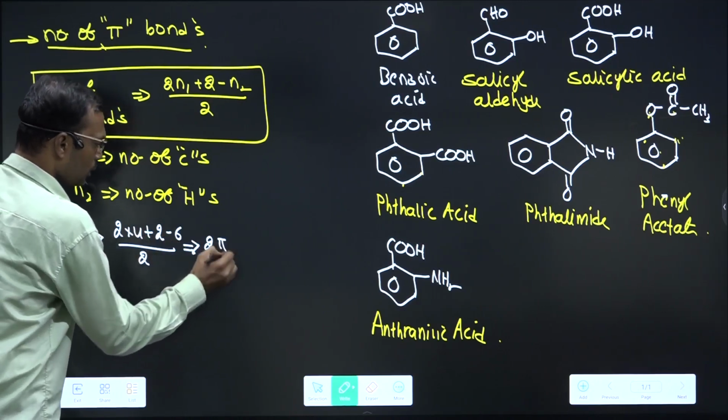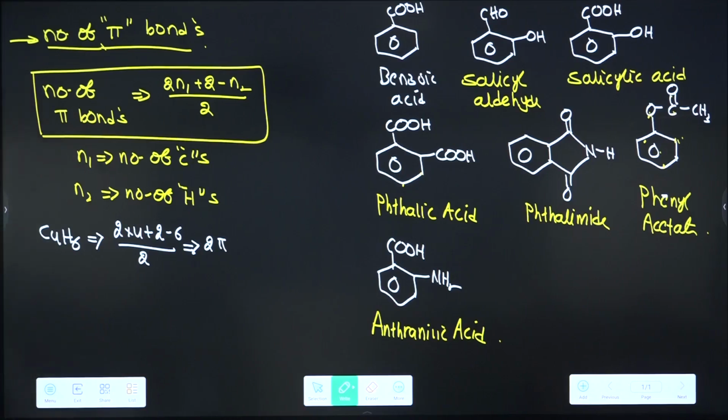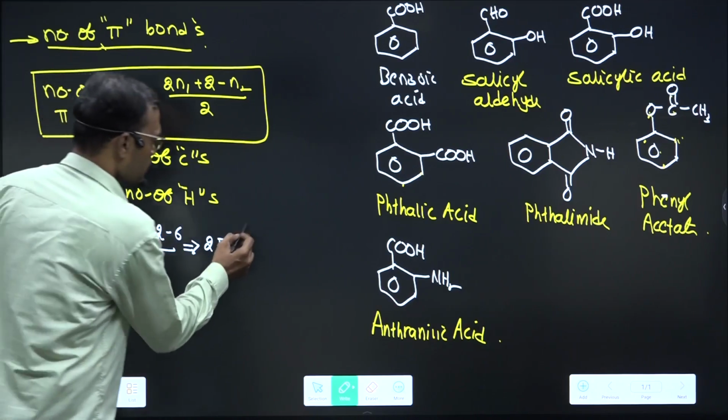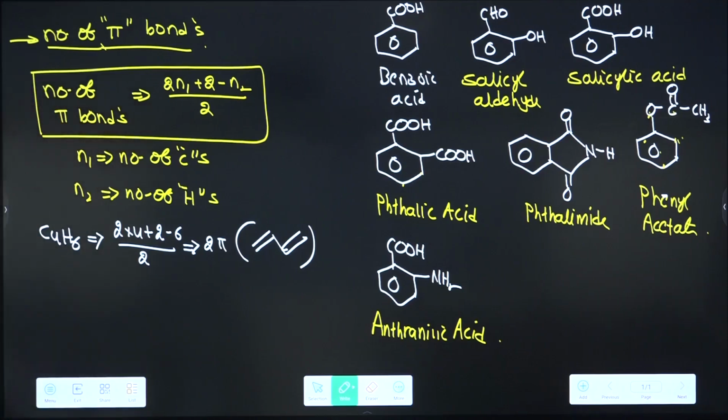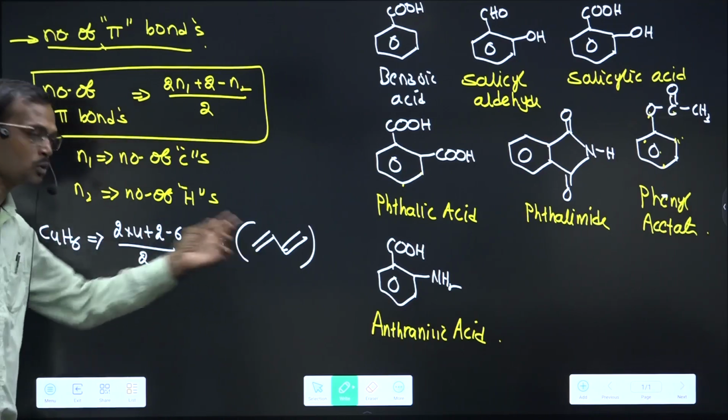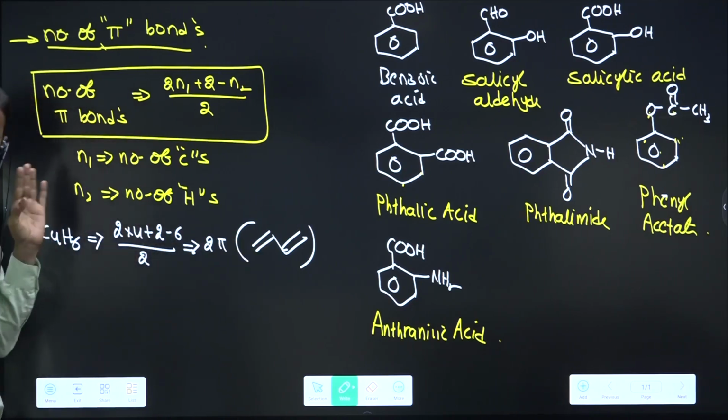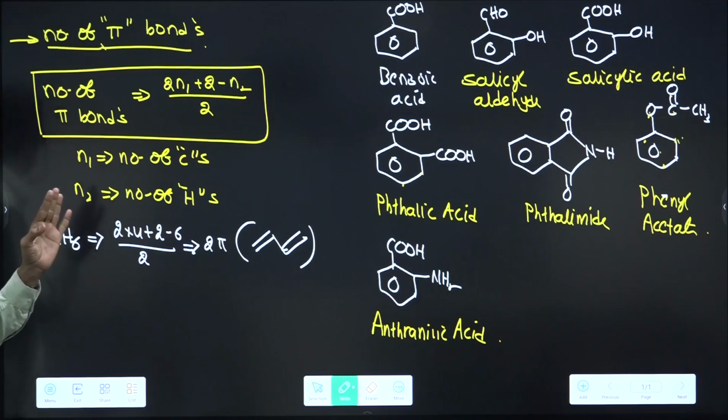You will get how many pi? 2 pi. 8 plus 2, 10 minus 6, 4 by 2, 2. 2 pi bonds are possible. 2 pi bonds means you can write like this. By using this formula, for a given molecule, you can create a maximum of 2 pi. That is the meaning. Maximum you can create 2 pi only. By using this formula I am saying.